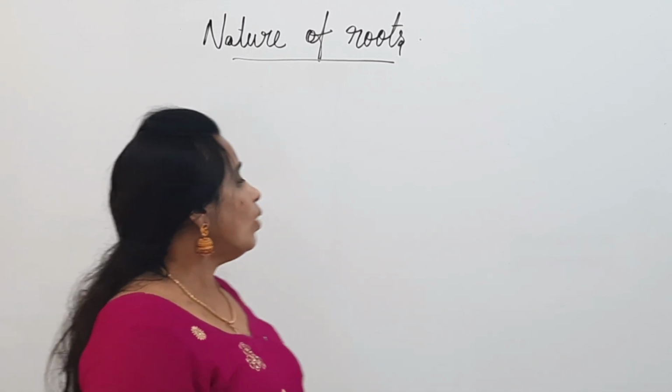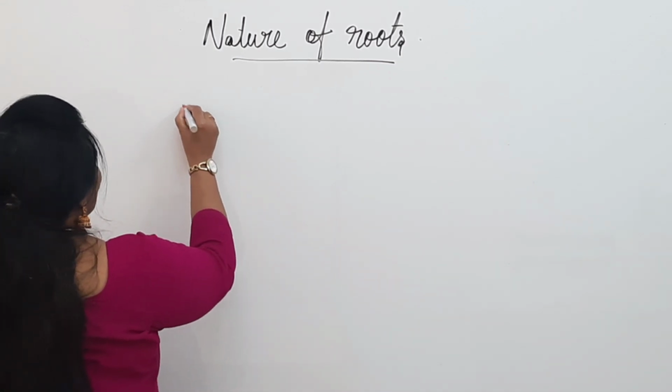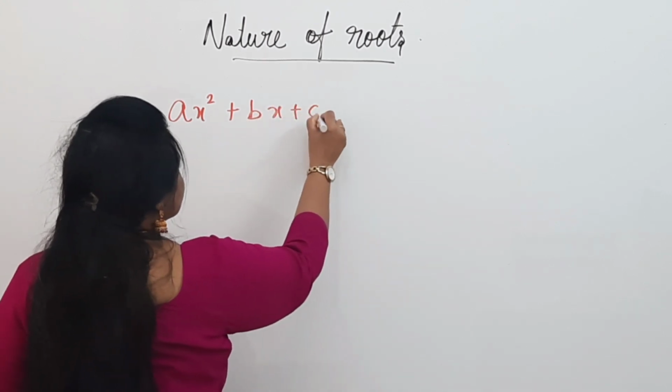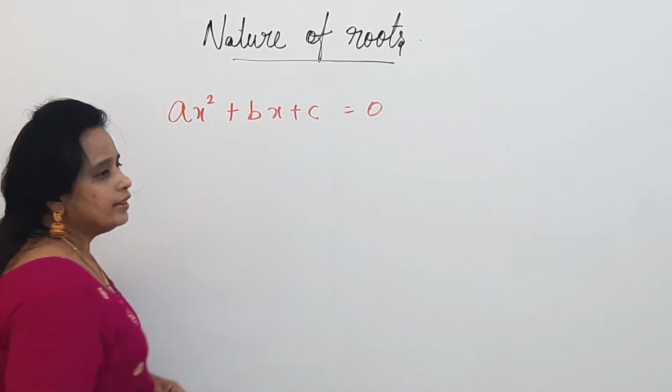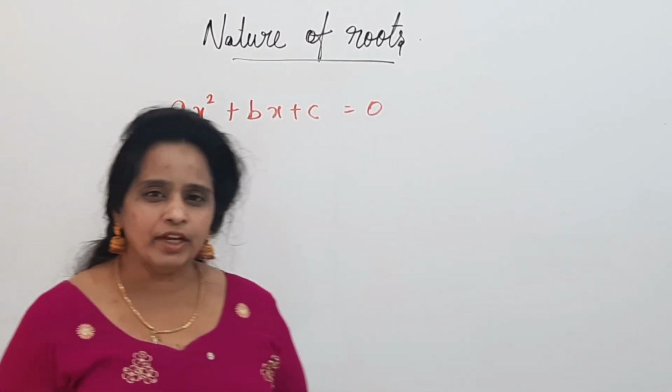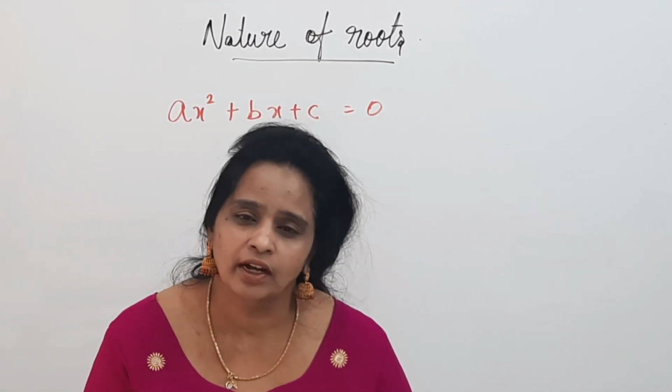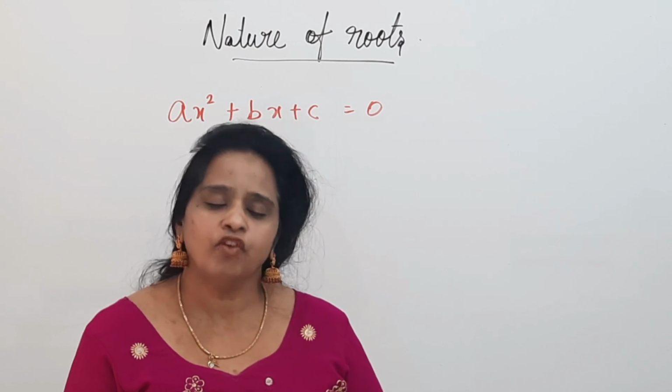So the quadratic equation ax square plus bx plus c is equal to 0. This equation has roots. How to find the roots? By using the quadratic formula.